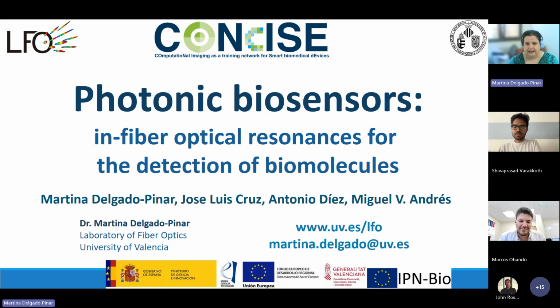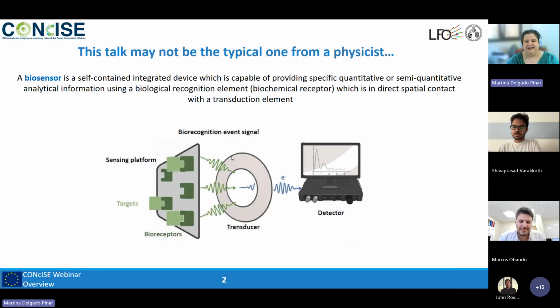So I am a physicist. So what am I doing here in the biosensors field? If you study the parts of a biosensor, you can see that there is a part which is the sensing platform, where all the binding and interaction between molecules happens. That's the part of the chemist.